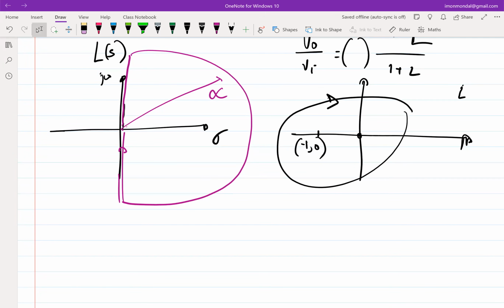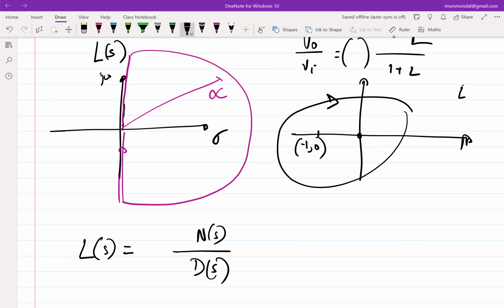L of S will have some zeros and some poles, right? In general, it will have some zeros and some poles, and we have only dealt with all pole systems till now, but it's not necessary. You can have some zeros and some poles, but in all practical systems, the number of zeros is less than the number of poles.